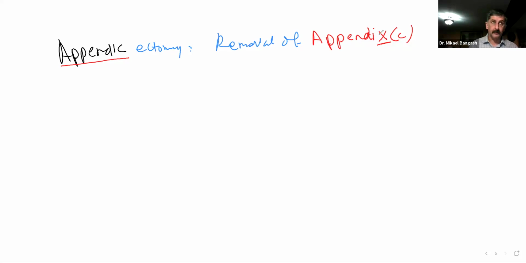What else can we remove? Now it may sound a little extreme. Colonectomy. Usually when they say colonectomy, that will be removal of what we call the colon.